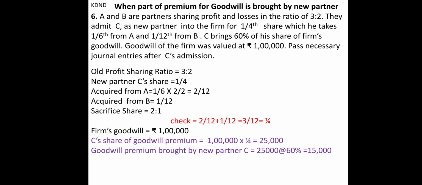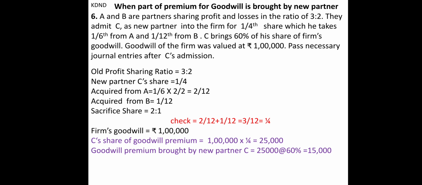Pass necessary journal entries. So the very first, 3:2 is understood. 1/4 is also understood now. 1/6 acquired from A and 1/12 from B. So 1/6 acquired from A is to be simplified and it turns to 2/12, 1/12. So the sacrificing ratio is equal to 2:1.